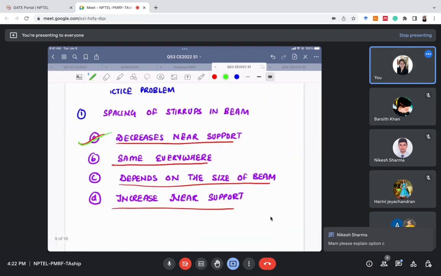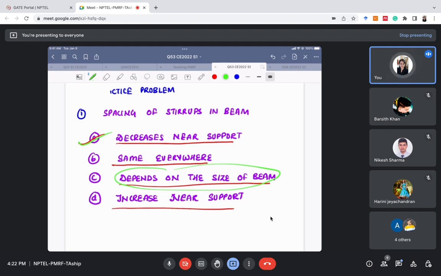Option C: no, it does not depend on the size of the beam for this particular question. You are asking about this only, right? I think I got your question. Indeed the overall spacing depends upon the size of the beam, but the change in the spacing does not depend on the size of the beam.